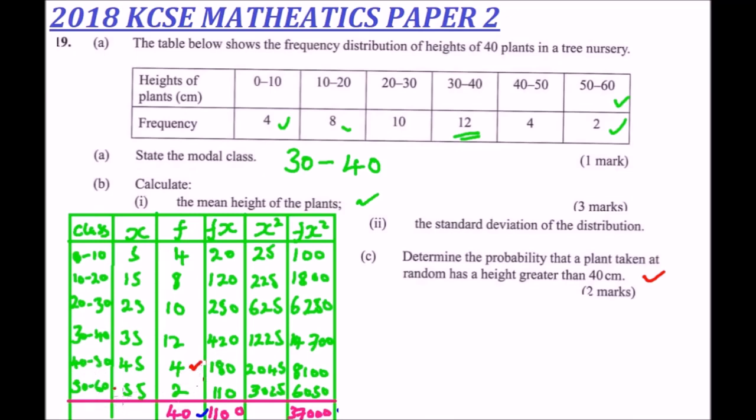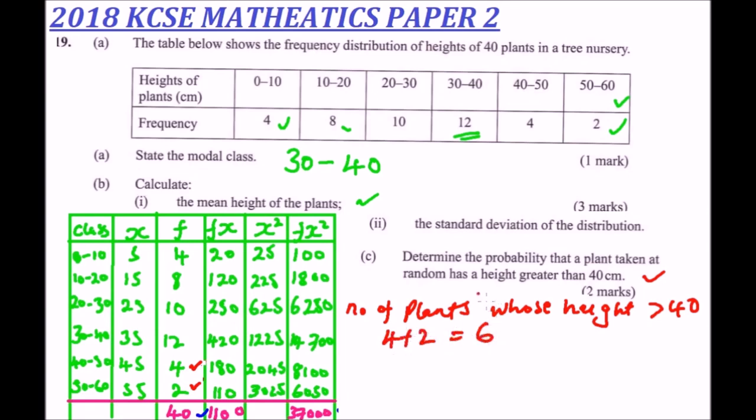Between 50 and 60, we have 2. So we can say that the number of primes whose height is greater than 40, we have 4 plus 2 is equals to 6.